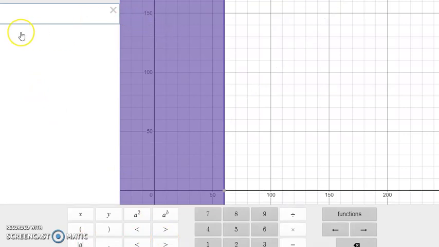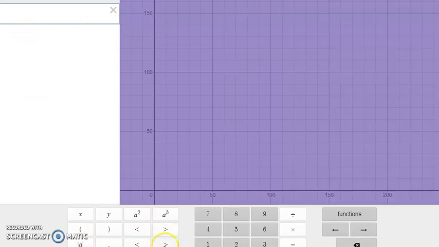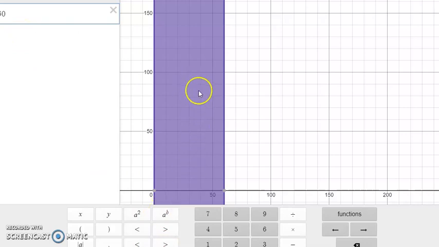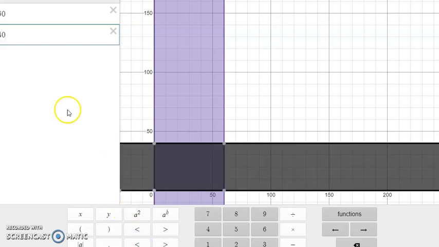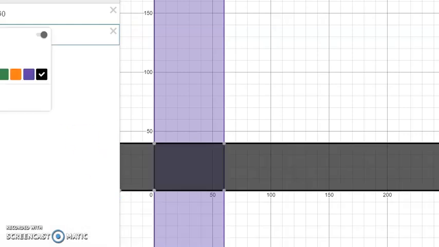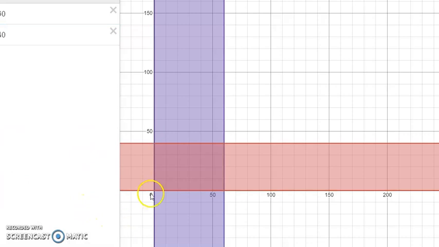Again, we don't want to go to the negatives here, so I'll get rid of those. And then the positive, we have y less than or equal to 40. A little dark, I'll make that red instead. Okay.